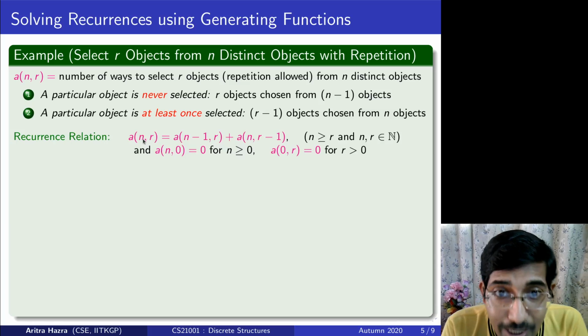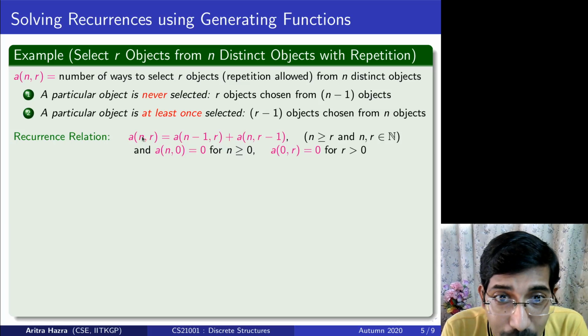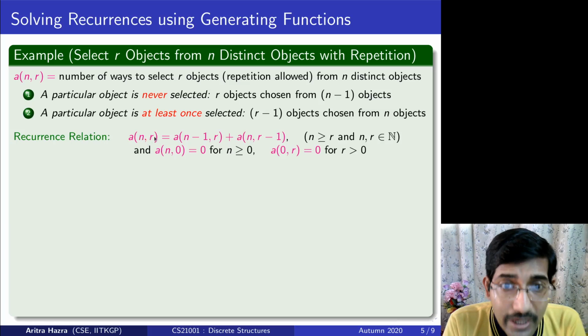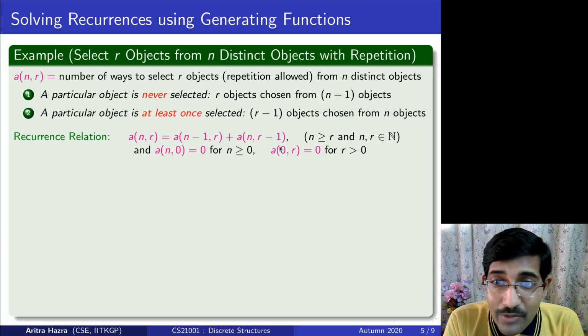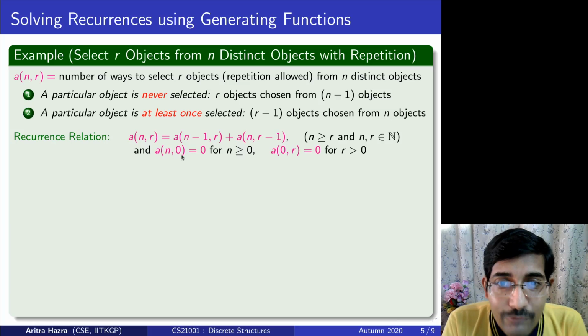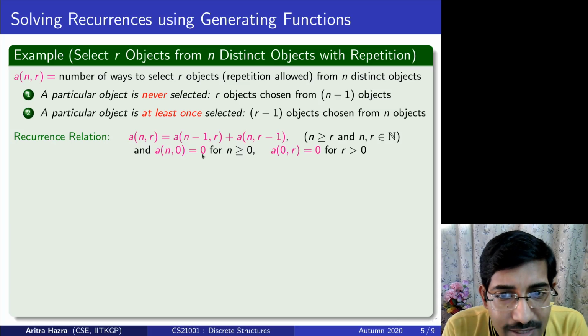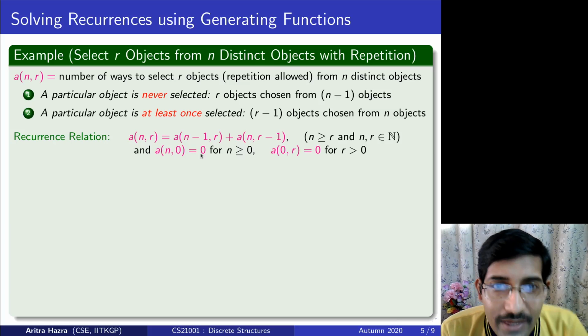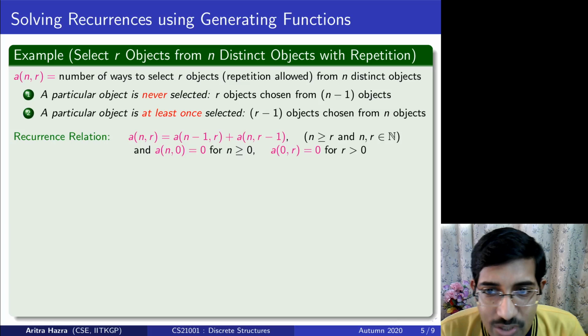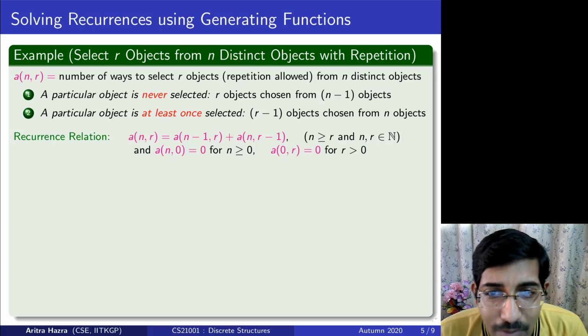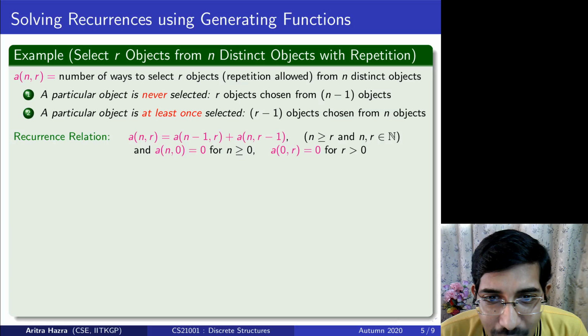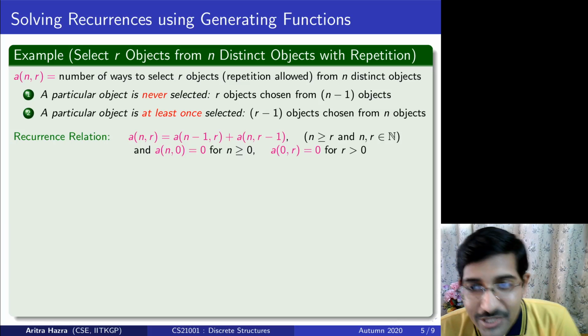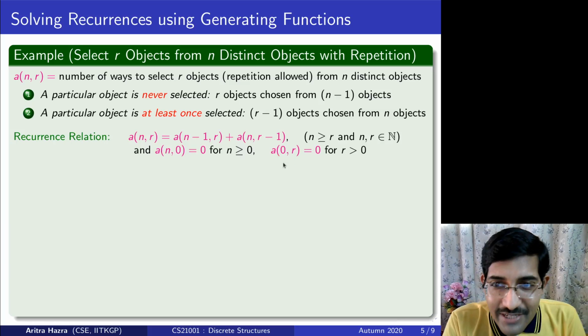Remember, earlier we had recurrences with one index changing, here there are two indices. If you have to choose R objects from zero objects, with R greater than zero, there is no way you can do it, so that is 0. And choosing no object is one way. These two are my base conditions.